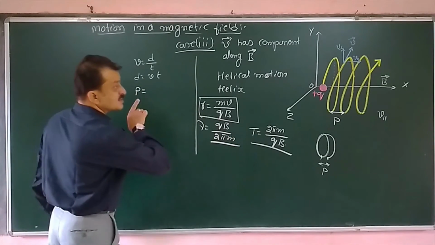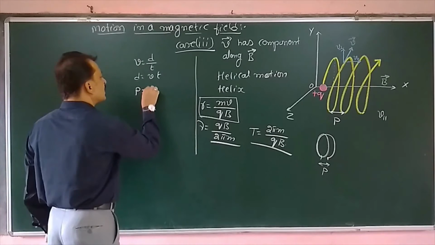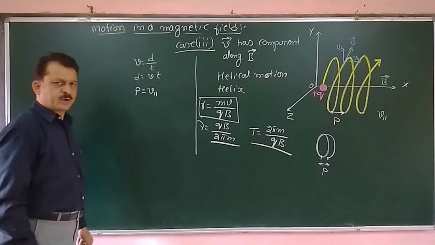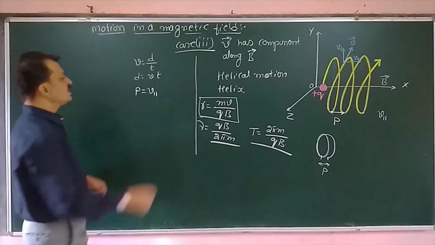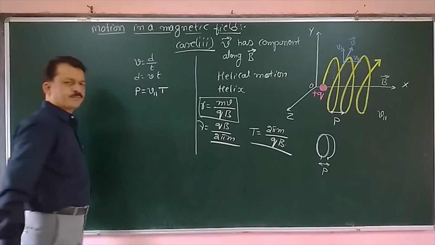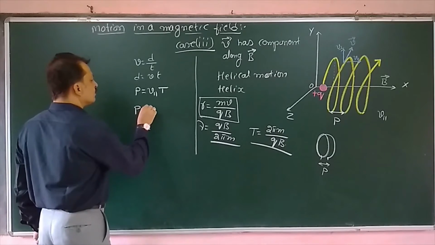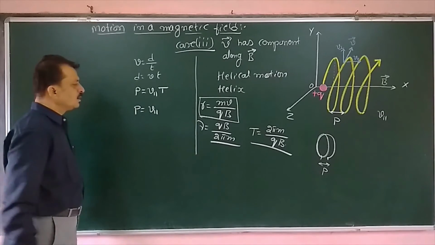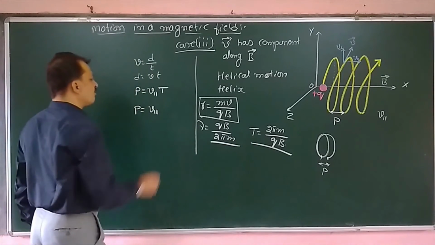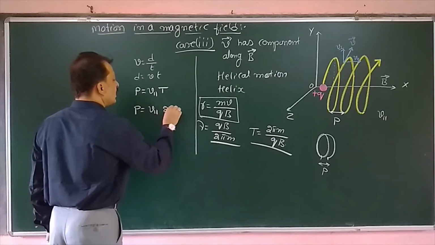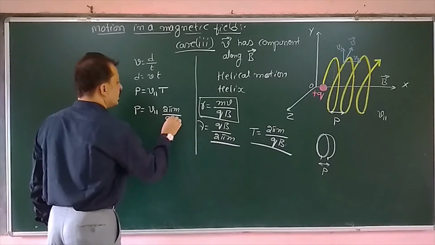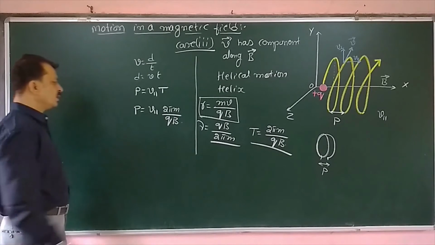Velocity is the parallel component of velocity, v parallel, and t is the time period of one revolution, 2 pi m divided by qB.